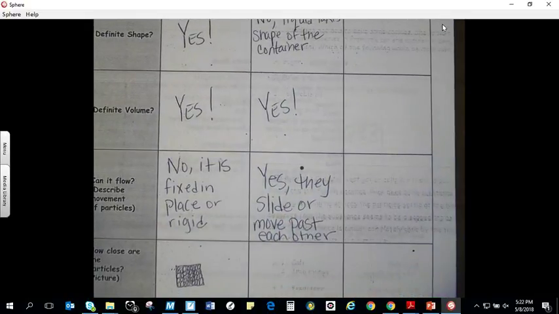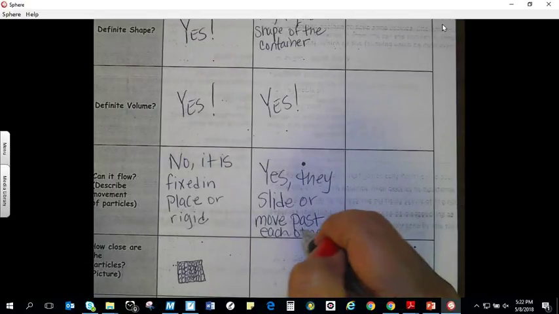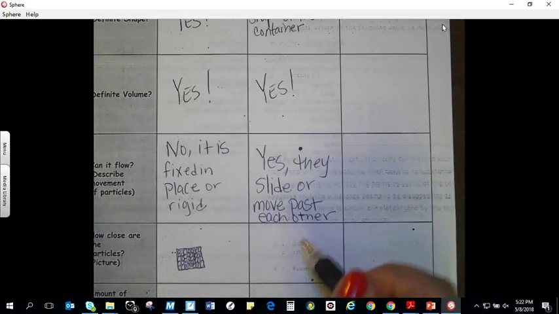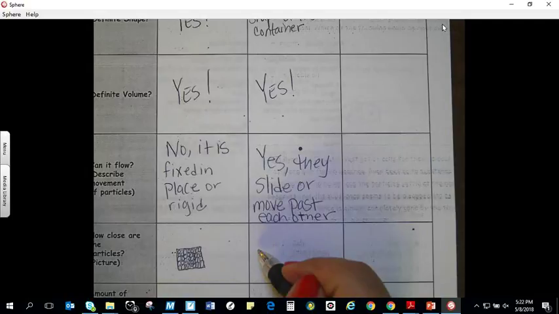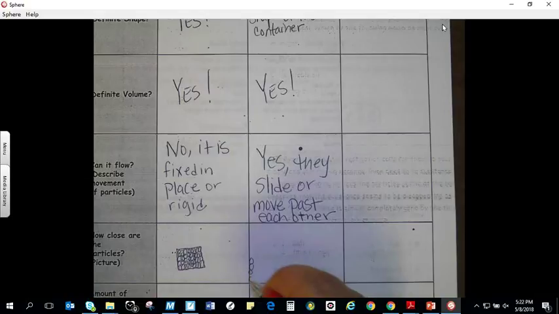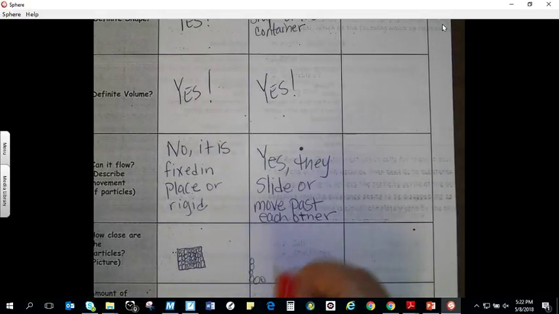Okay, so for liquid, that's a T. If I use this whole thing, this part here, as the container, then my liquid comes to the bottom, it will fill the bottom of the container, and so they're here.